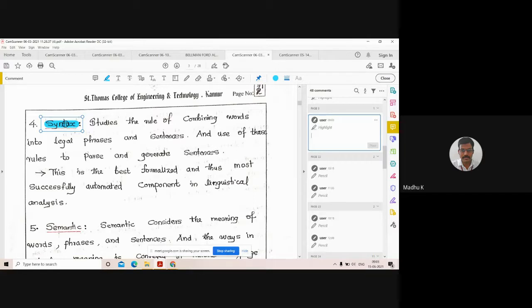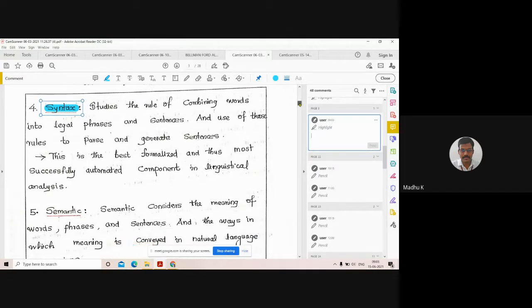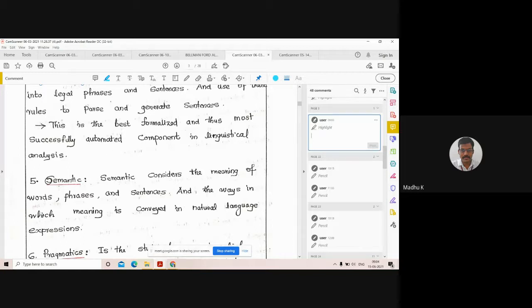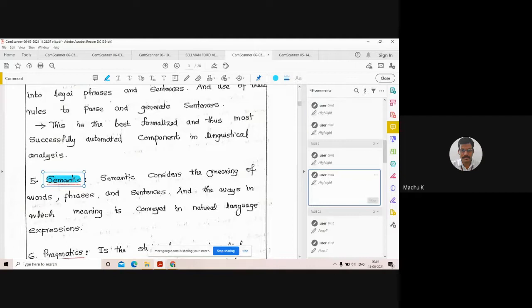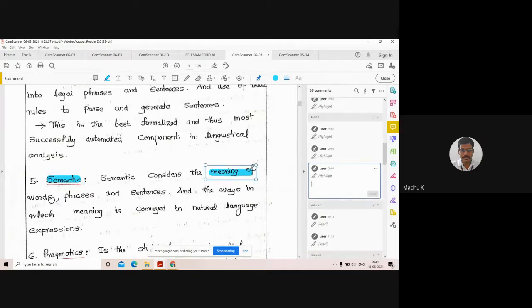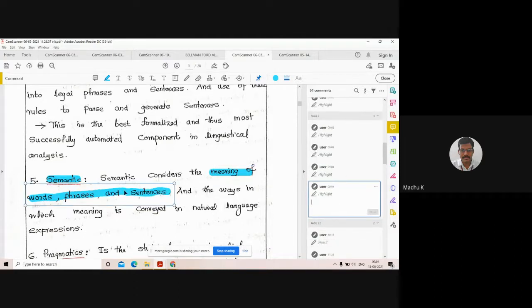Now, how to deal with syntax? This type of analysis is syntax analysis. So next is semantics. What is semantics? It is always concerned with the meaning of a sentence, meaning of words, phrases, and sentences. This type of analysis will be the semantic analysis.